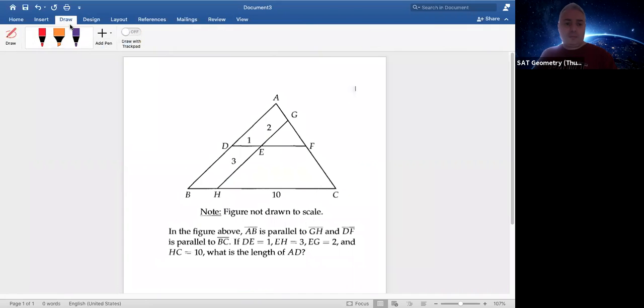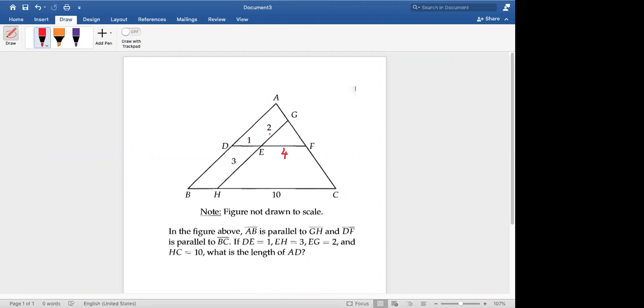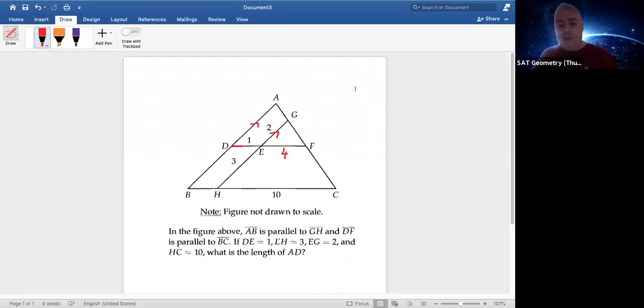This was the question. Now, it was clear we found this. What was this? Remember? 4, I think. This is 4 we found. Now, what am I going to say? This is parallel to this, given. So when I look at this triangle, what can I say?